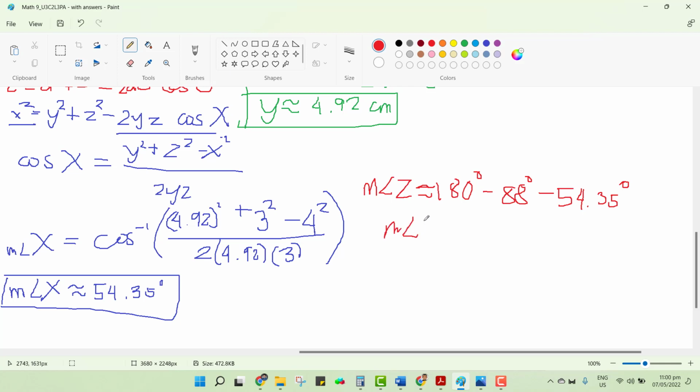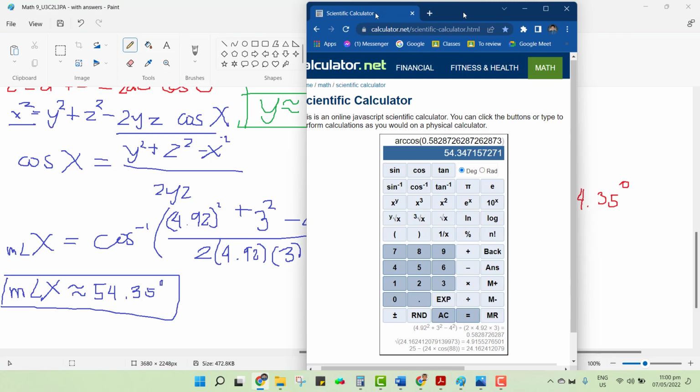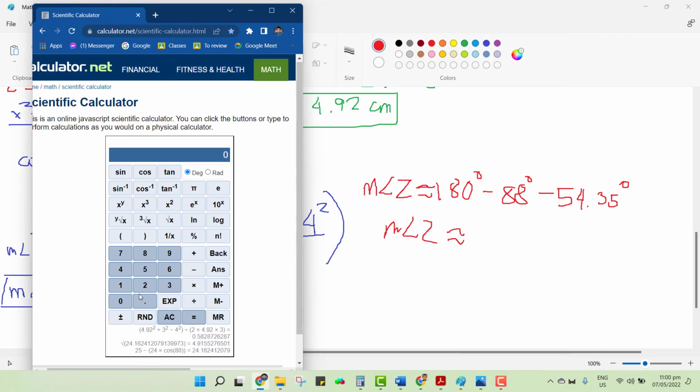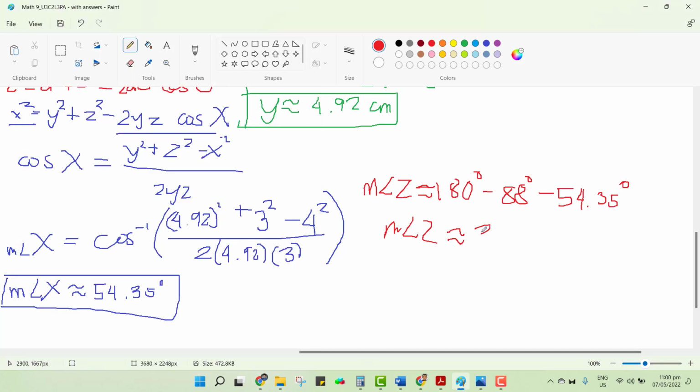So the measurement of angle Z is approximately 180 less 88 and then 54.35, equal to 37.65.